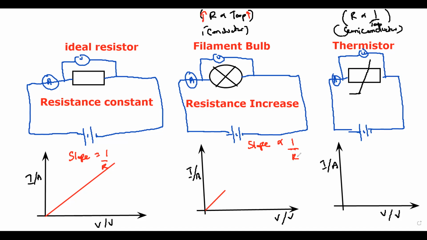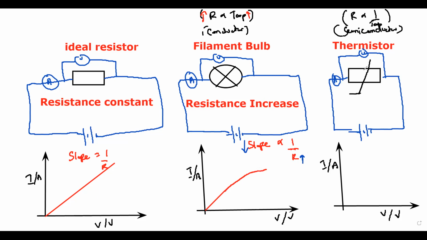And what is the effect of increase in resistance? As the resistance increases, we will observe the slope of this graph start to decrease. So in the beginning, it was a straight line, but as the resistance starts to increase, the slope starts to decrease. So it appears to be a curve.